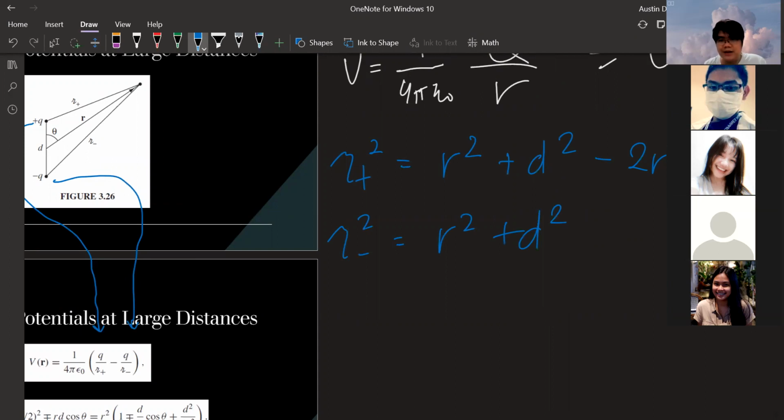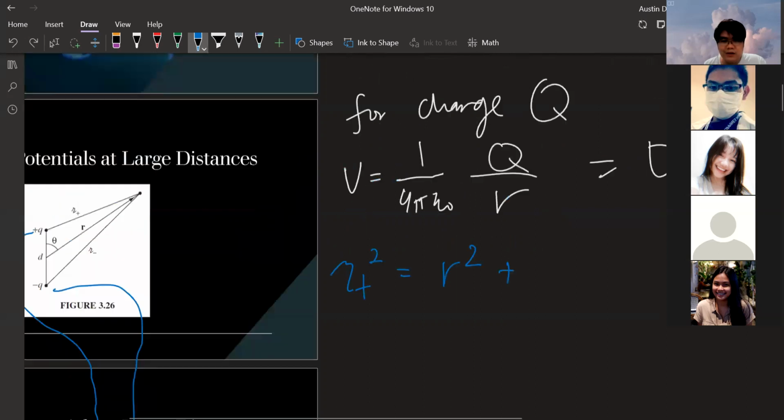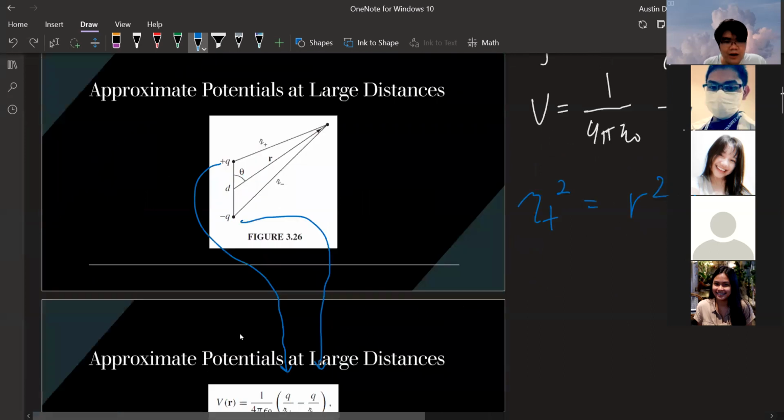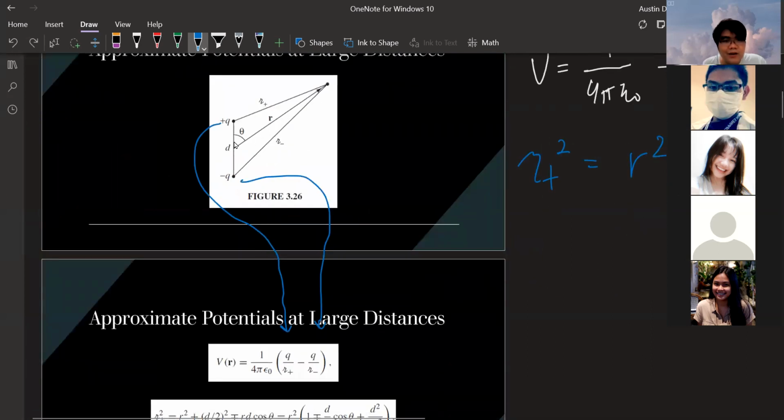Oops, mali. Okay, mali ito. Wala sa isip ko yung drawing ko. Okay, ano yung height nito? Itong height nito ay D over 2 lang.